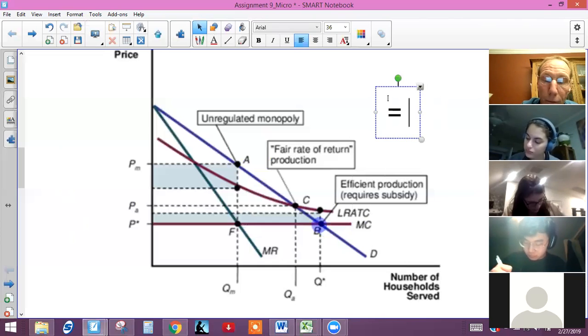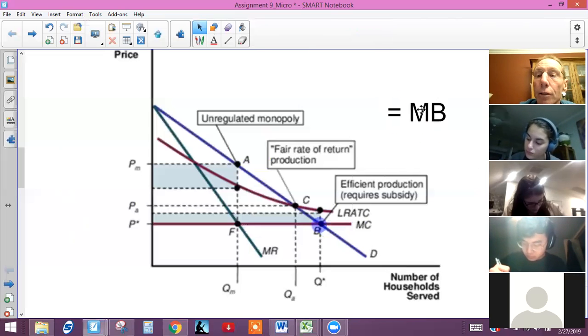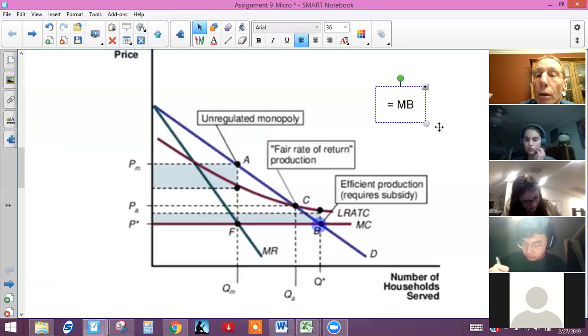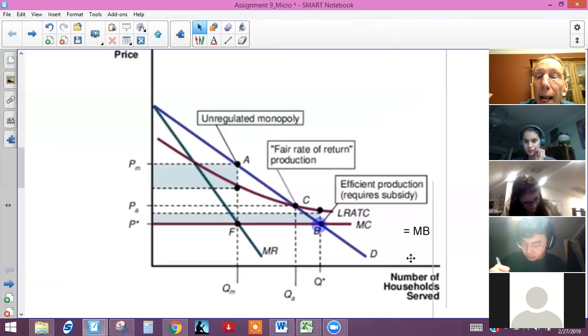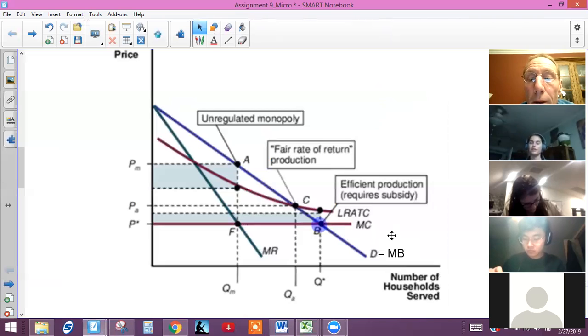Always remember, demand is also marginal benefit. So when marginal cost equals marginal benefit, that is where the firm would be allocatively efficient, the socially optimum level of output and price.